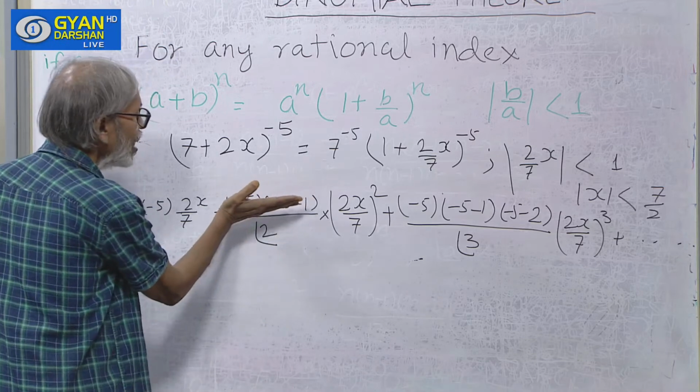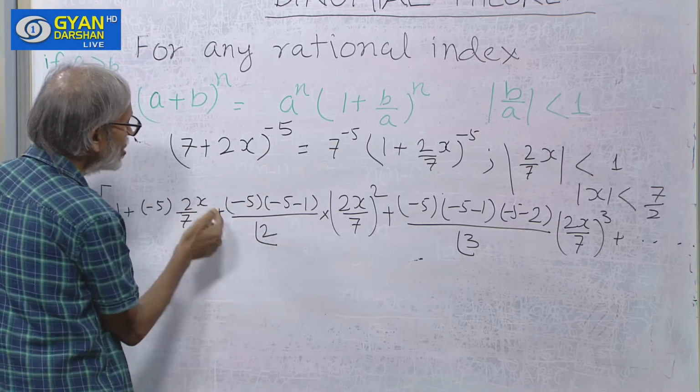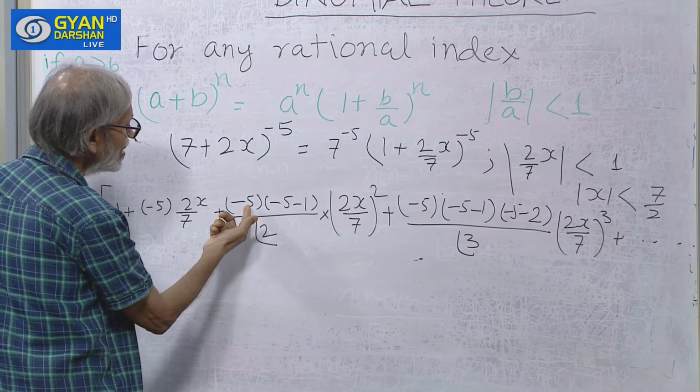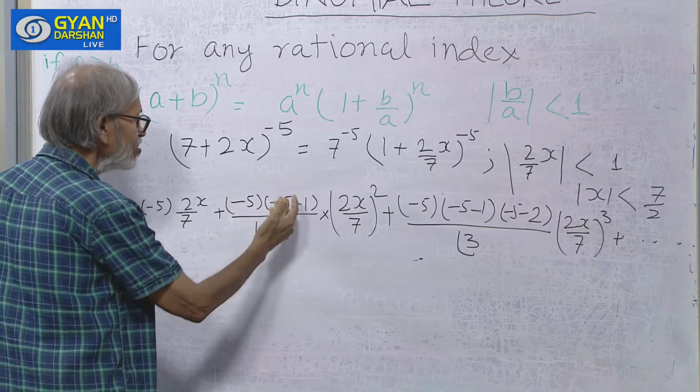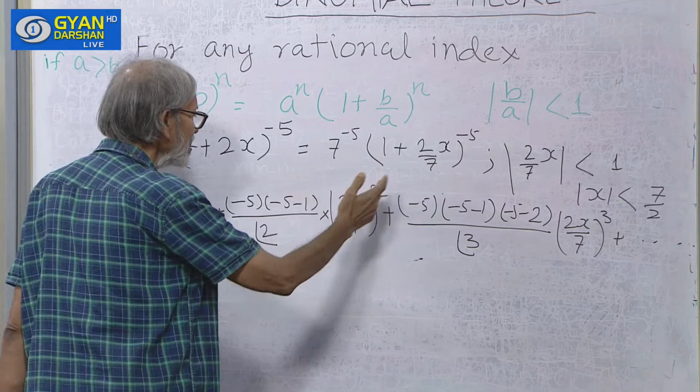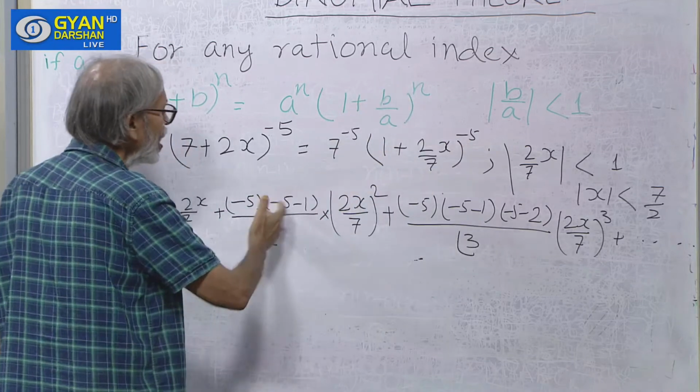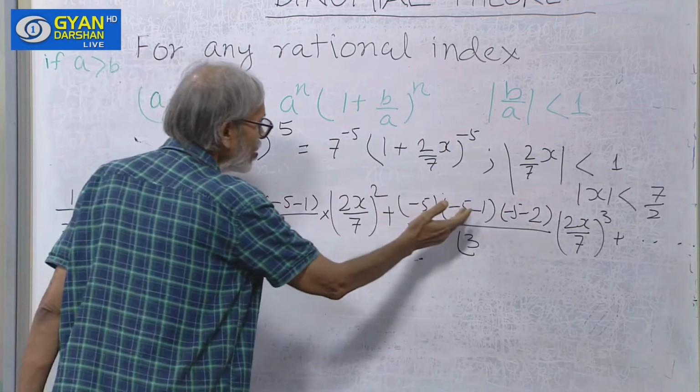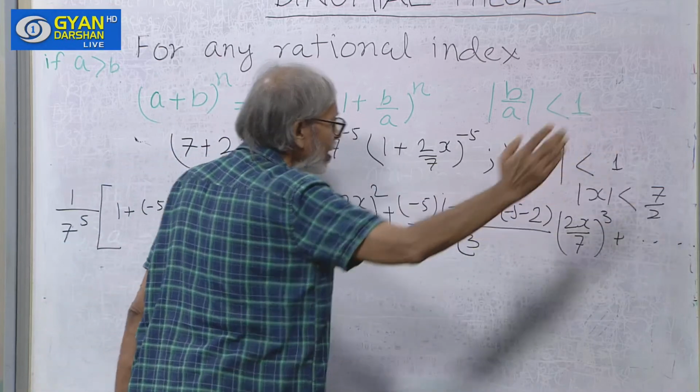But here it will never become 0 because this is a negative index, and you go on decreasing: minus 1, minus 2, minus 3, minus 4.